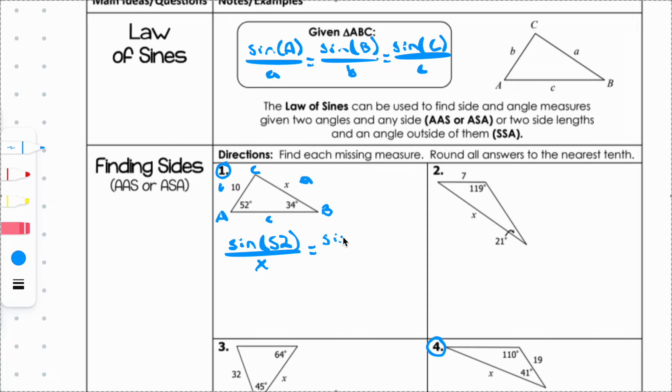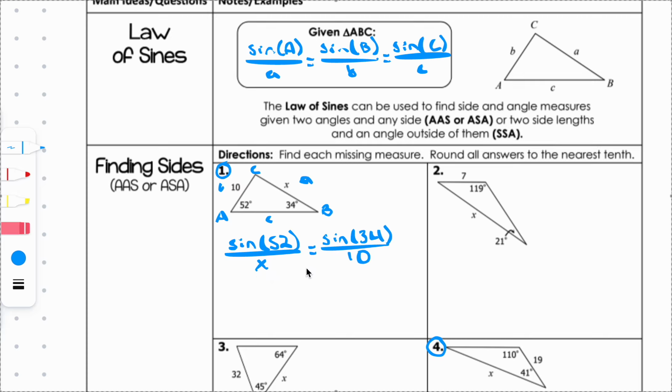So I'm going to say sine of 34. And then we have side B, which is equal to 10. And so from here, we can just cross multiply and solve for x.